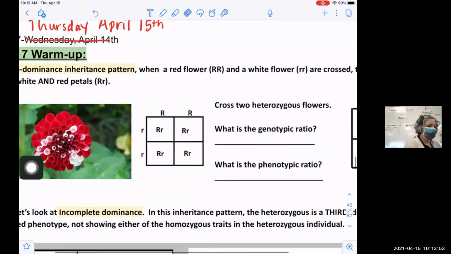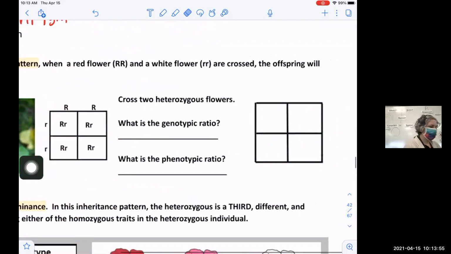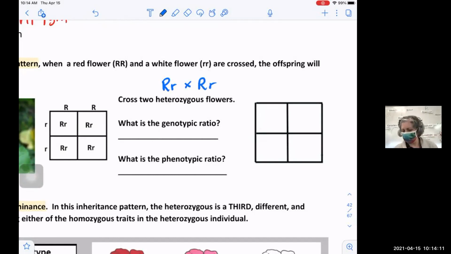So I want you over here to cross 2 heterozygous flowers on this Punnett square. So you're crossing 2 of these big R, little r. So 2 heterozygous flowers. And this should be fairly simple. You guys have been doing this for over a week now. So hopefully this is not anything that's too challenging for you.